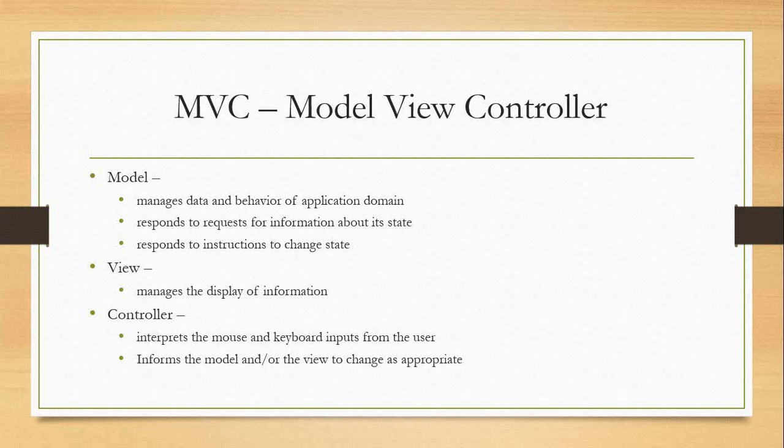It should be able to give information about this business data. And every time there are changes to your business data, it should be able to respond to the instructions to change that state. So these things also need to be handled by your model component.